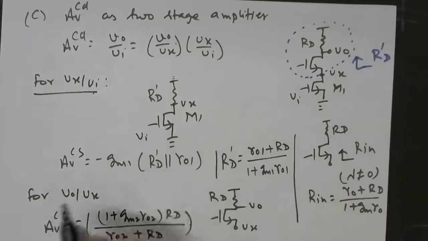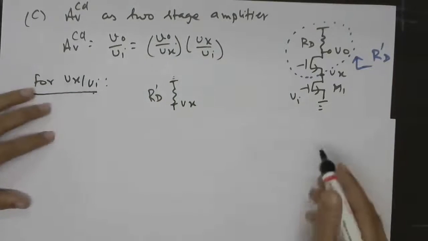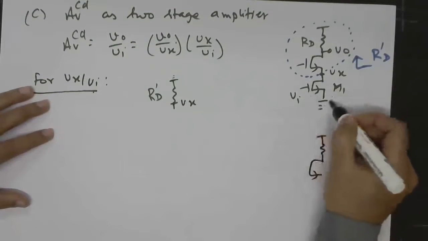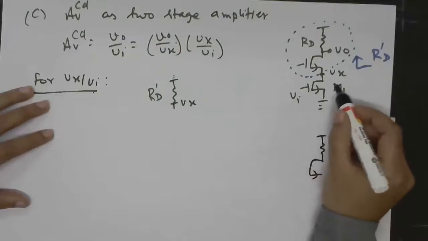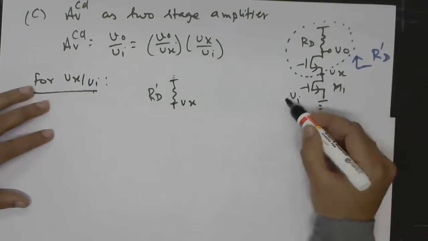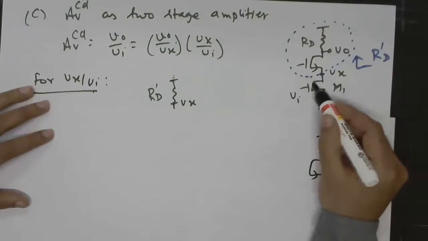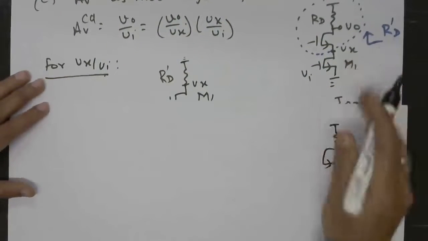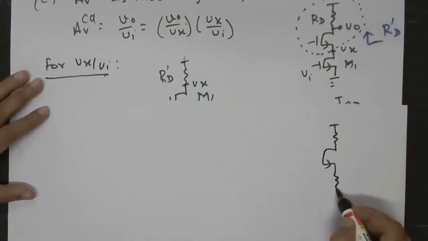In that case, this will get substituted in this way. Since we have an external input also, when you find the Thevenin model of the first stage, it will include not only a resistor, but also a source. So in this case, the scenario will be like this.